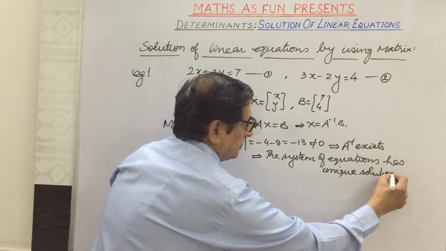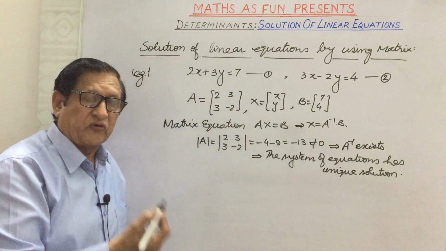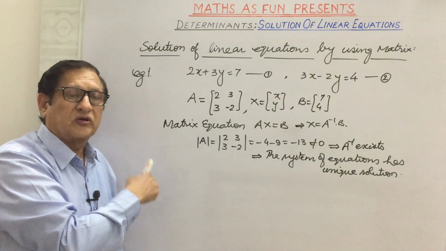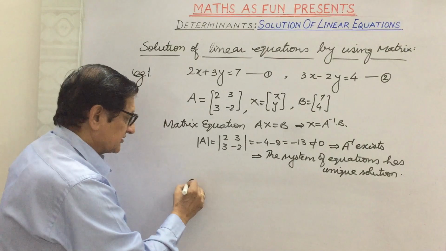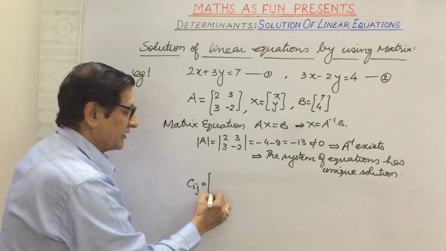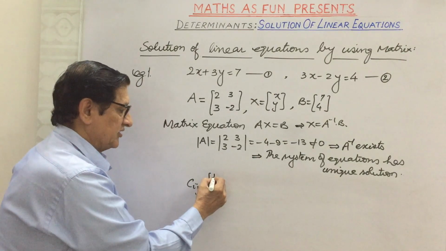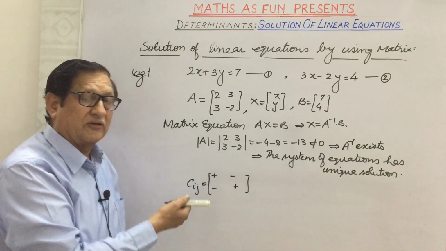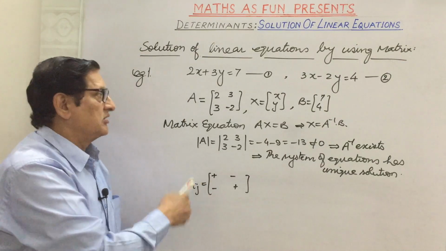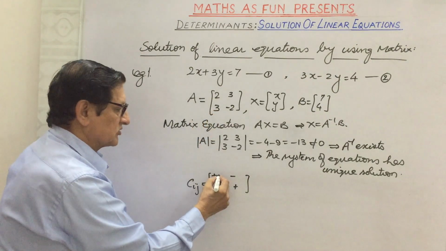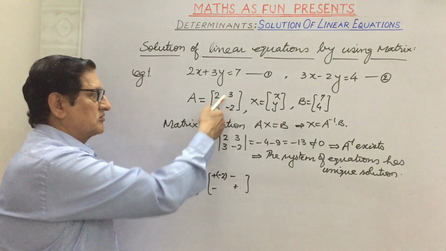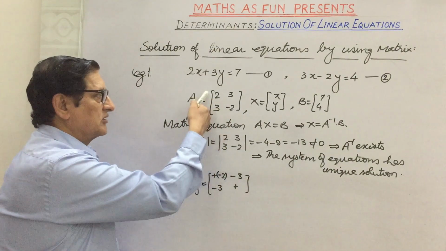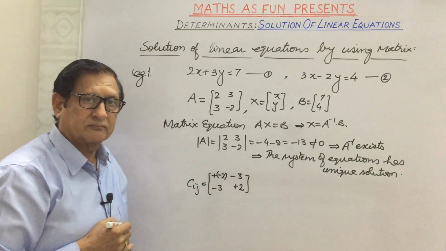Now we have to find out the inverse of A, and for that we have to find out first of all the cofactor matrix, that is Cij, and that we know how to find. First we write the signs, plus, minus, minus, plus, and then we use the minor. The minors here are, for this 2 it is minus 2, for this 3 it is 3, for this 3 it is 3, and for minus 2 it is 2.